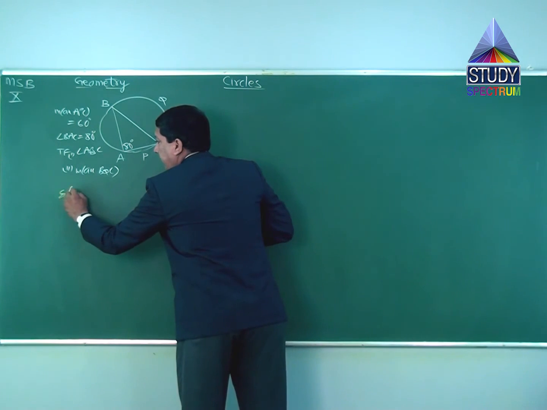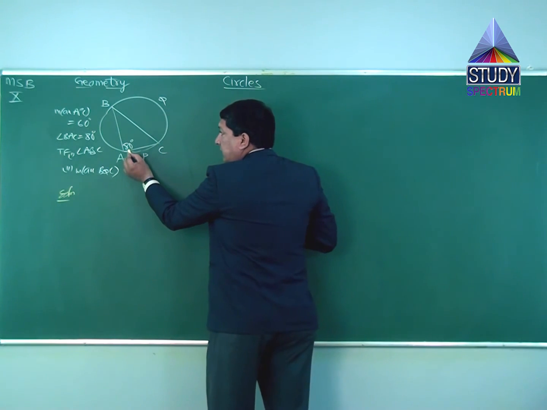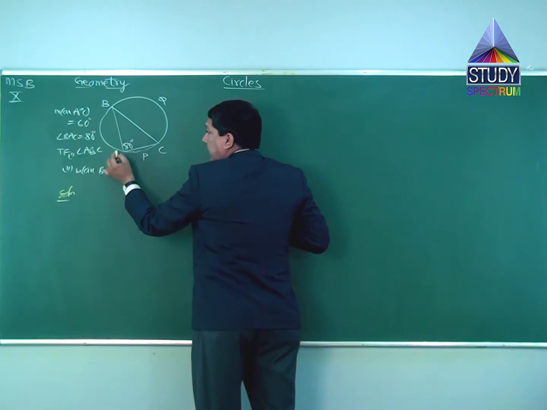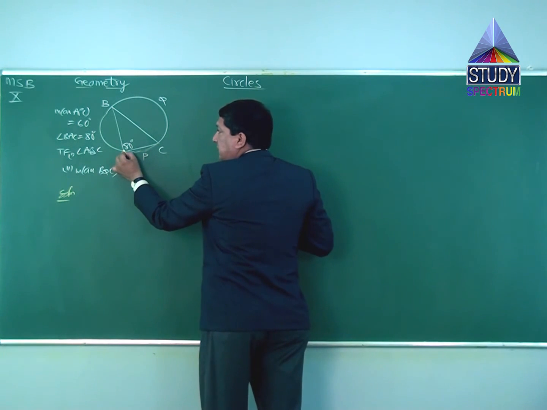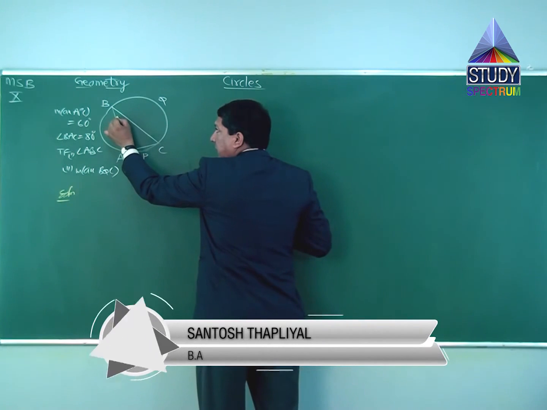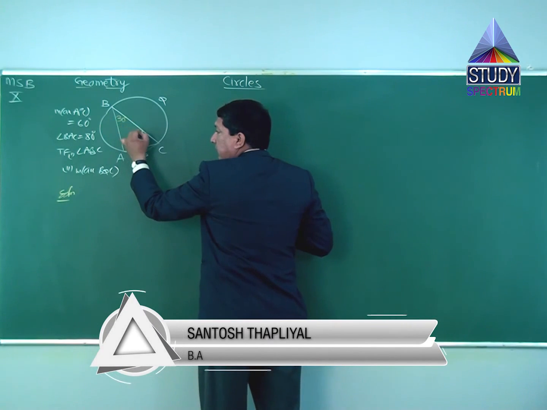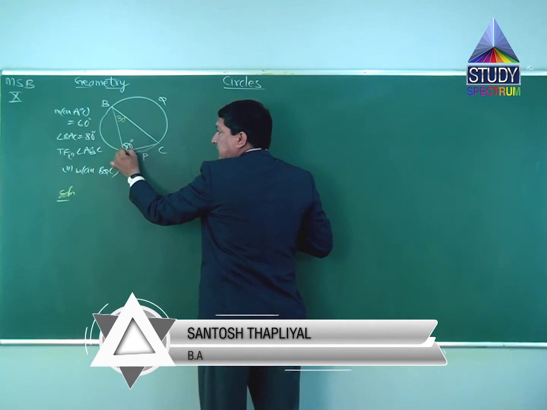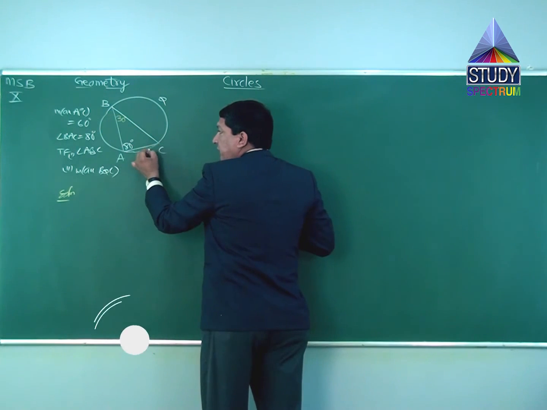Solution of this: this angle is 80 degrees, measure of arc APC is 60 degrees. If this arc is 60 degrees, this angle will become 30 degrees because this angle is inscribed. As per the inscribed angle theorem, an inscribed angle is half of the intercepted arc.